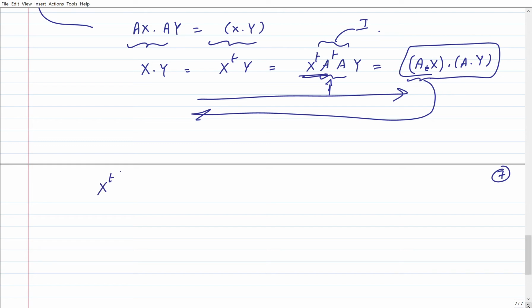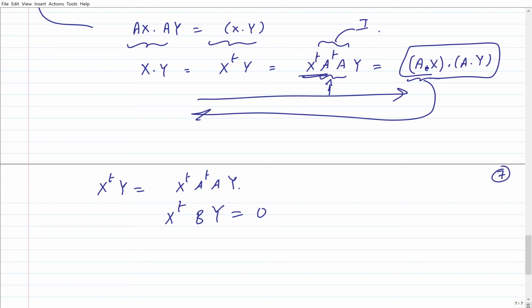You can assume X transpose of Y is equal to X transpose of A transpose A Y. There's no need to assume, this is true. And then from this condition, we can write this as X transpose B of Y is equal to 0.